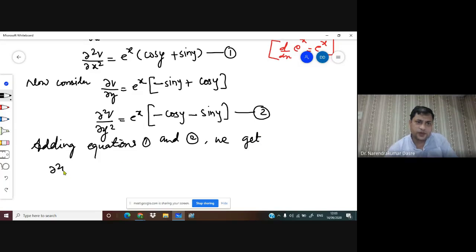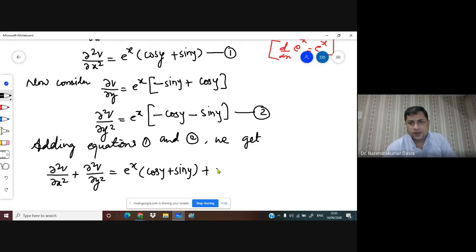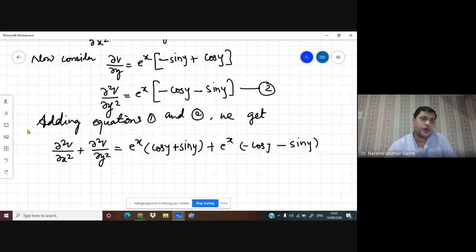We get del squared v by del x squared plus del squared v by del y squared equal to, see the first term, e raised to x (cos y plus sin y) plus e raised to x (cos y minus sin y), and hence what we can have is this.